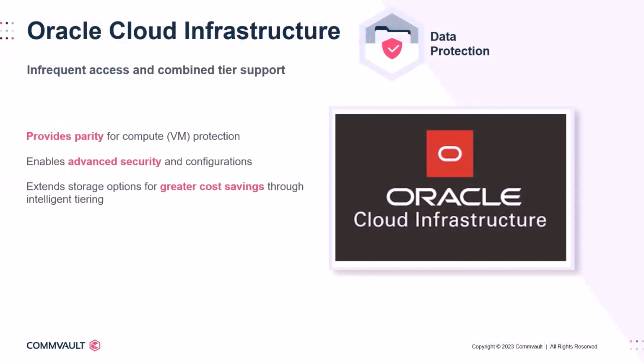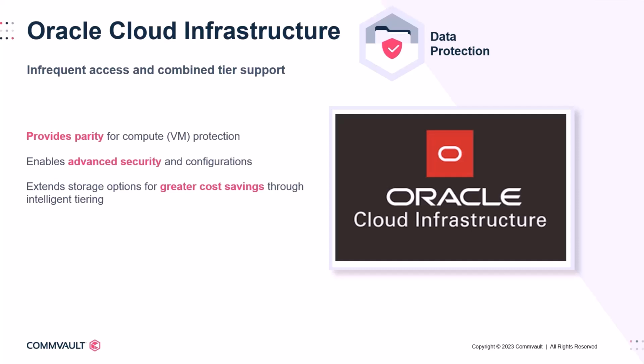For Oracle Cloud Infrastructure, we're adding infrequent access and combined tier support. Oracle recently added support for tiered storage with their object storage offering. Previously, they used to support only standard tier. Now they added infrequent access and archive tiers in the same object storage service apart from the full archive storage service.